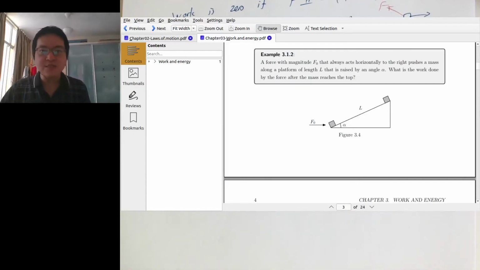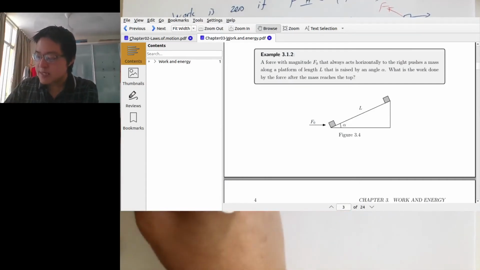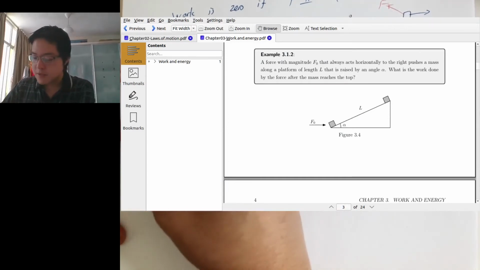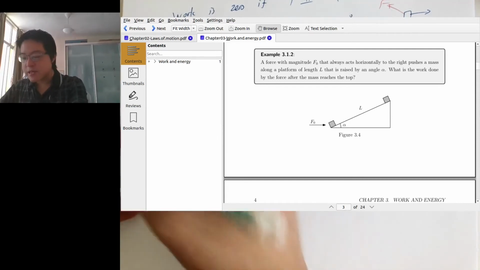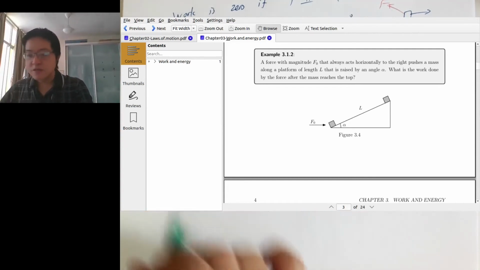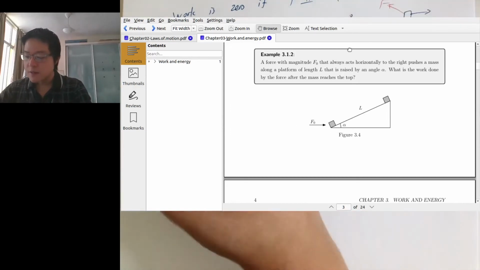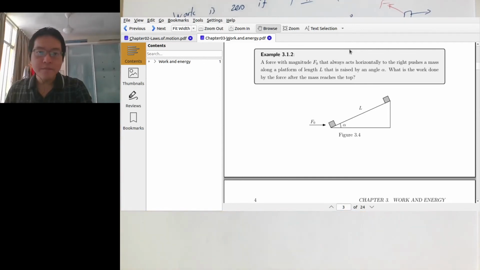This is one situation where the force doesn't need to be in the same direction as the displacement, because I have a platform. Even if I purposely push something to the right, my box will go upwards along the platform.